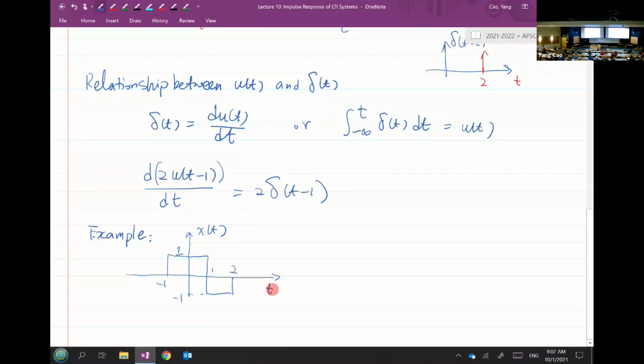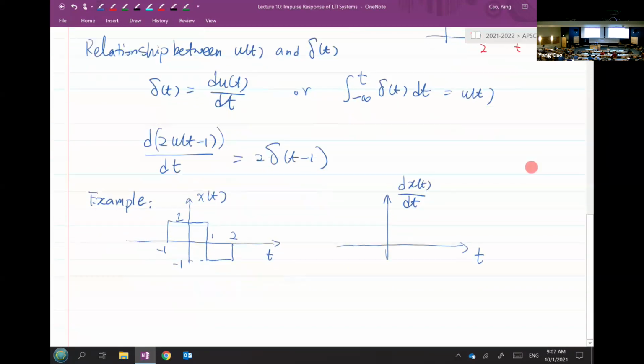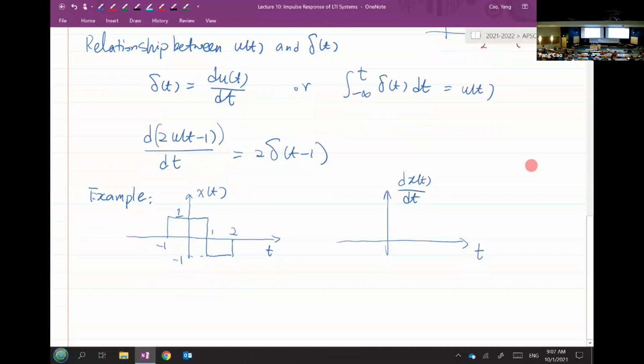So this is a function x of t. And I want you to graph and also calculate dx over dt. So not only graph it, let's also calculate it, okay? Can we find the expression for dx over dt, and then graph that?